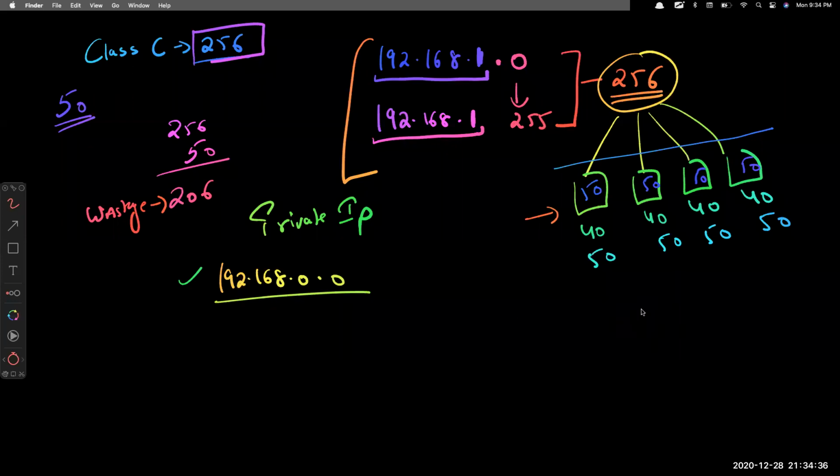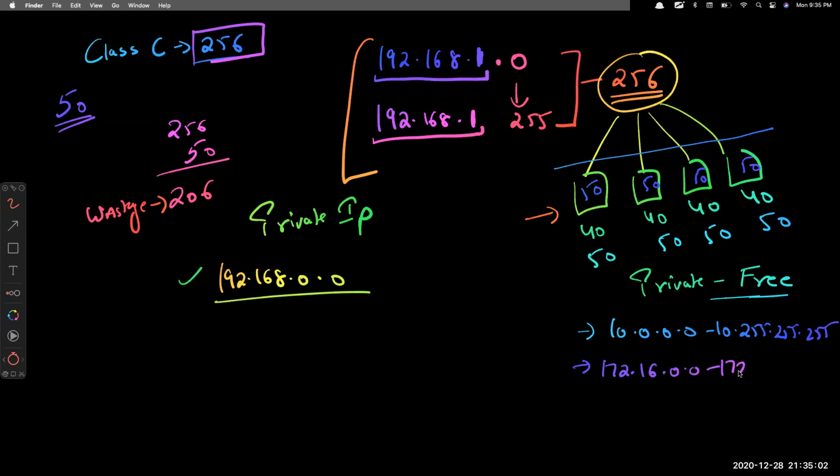This is the reason. So what is private IP? These are completely free IPs. You can assign or use them anywhere. So in class A, 10 is private. Any IP starting with 10 is private and free.